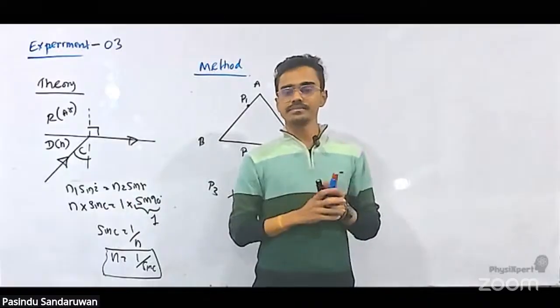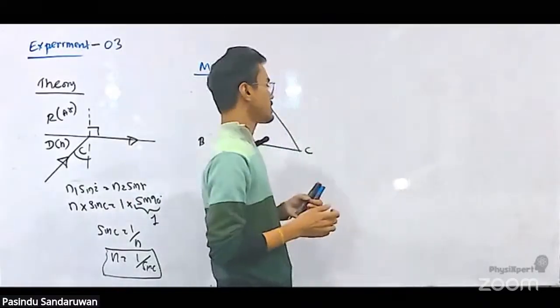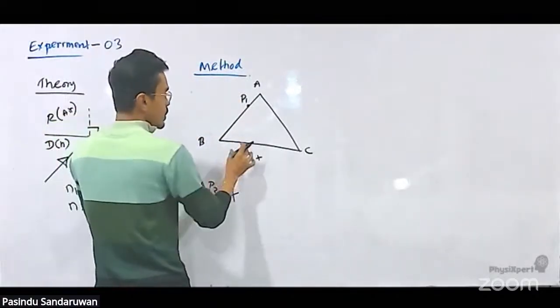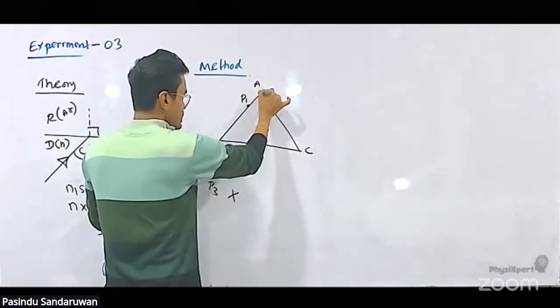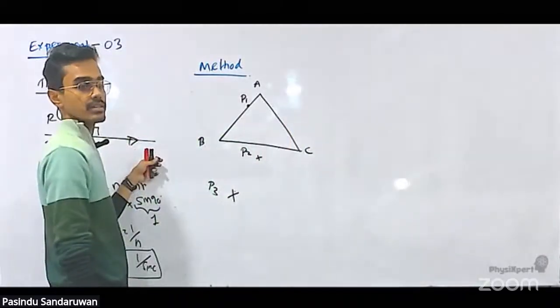After this, it is all about a construction. Now we are going to do a construction. First of all, you have to mark the boundaries of the prism, and we are going to remove the prism from the sheet.